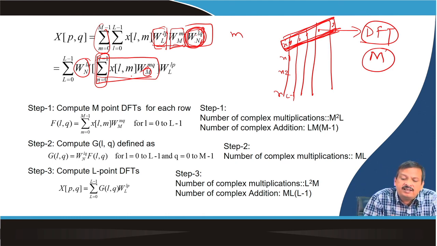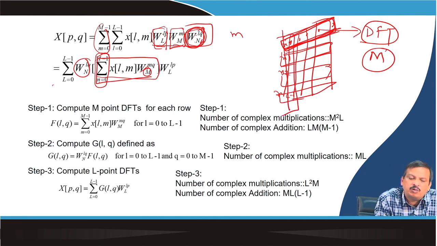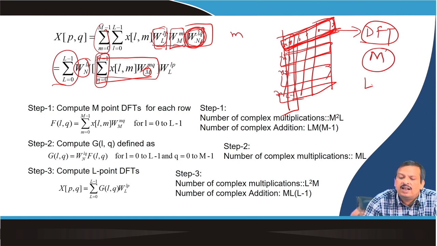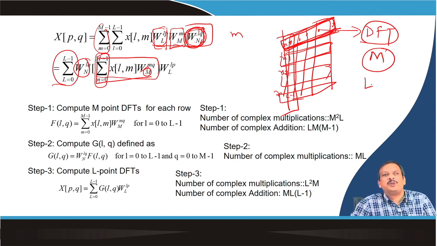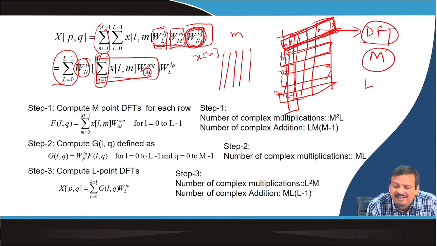Once all the row wise DFTs are calculated first, then I do the column wise DFT for L, which is of order L. So, I have data x of n, I store the data column wise, then I access the data row wise and compute the DFT.